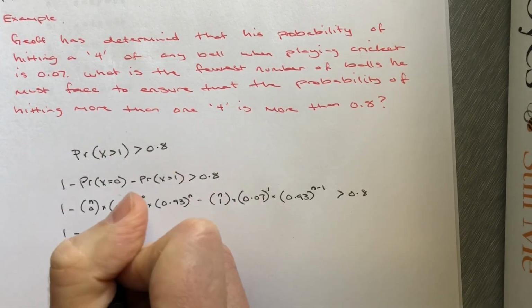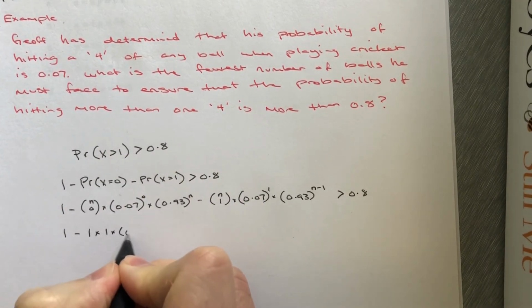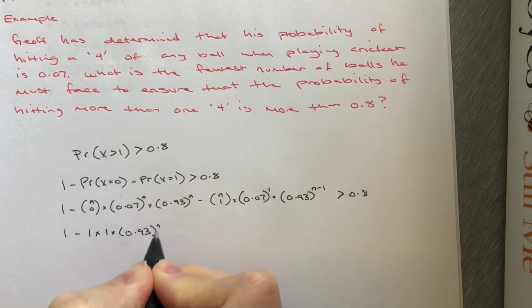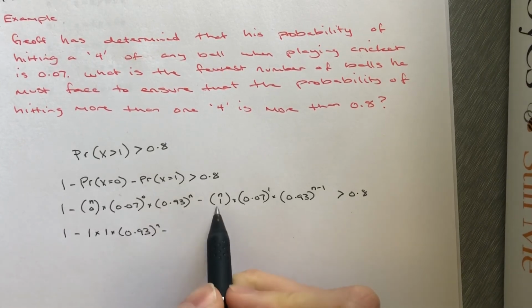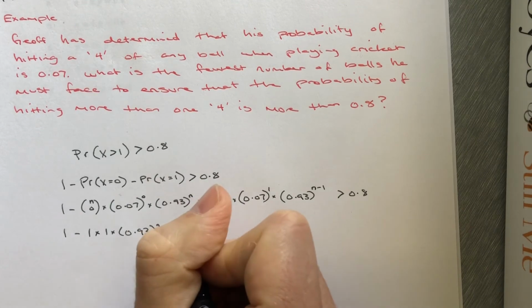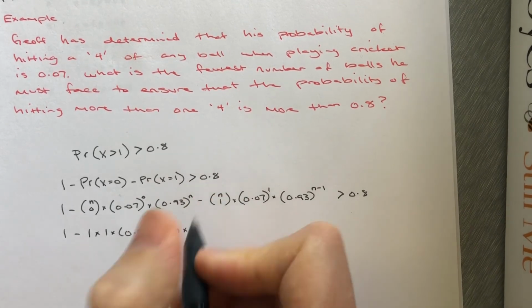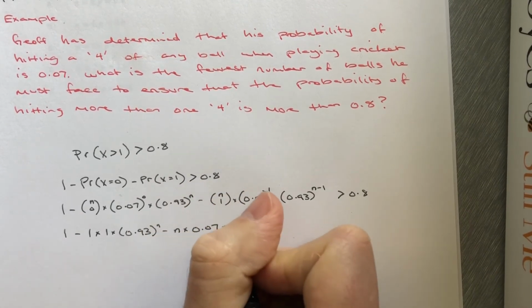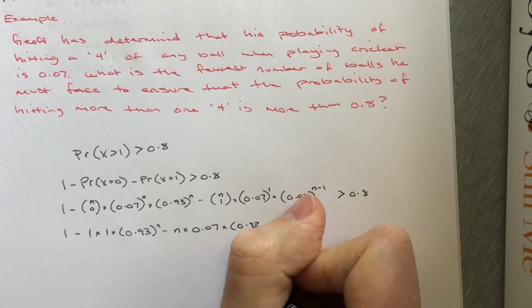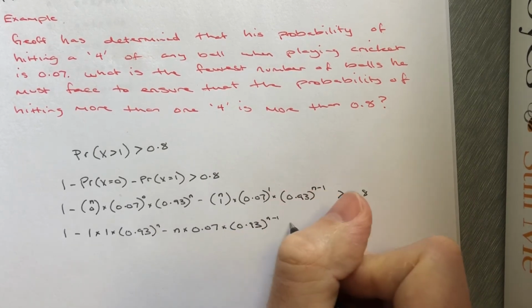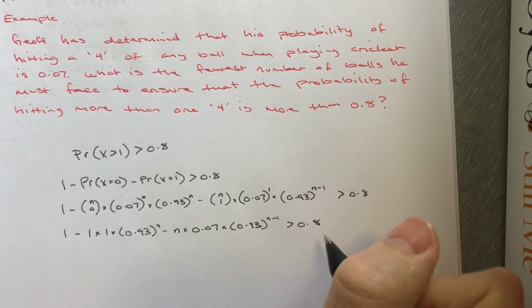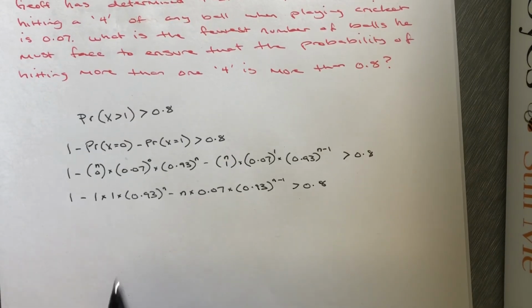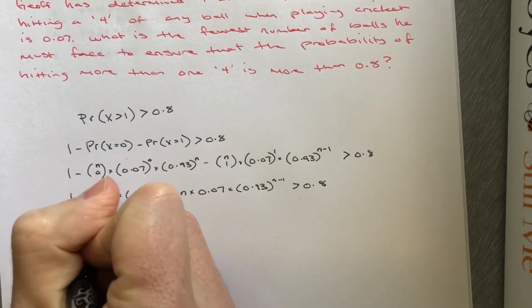Anything that pairs 0 is 1. N things to choose from, you're going to choose 1, so that's n. There we go. We can get rid of a few of these numbers here.